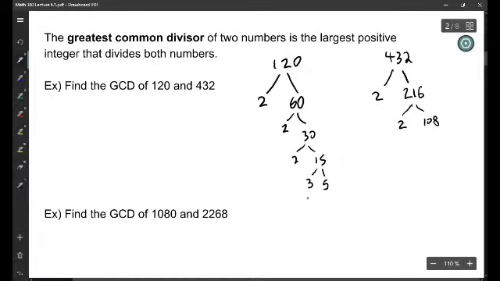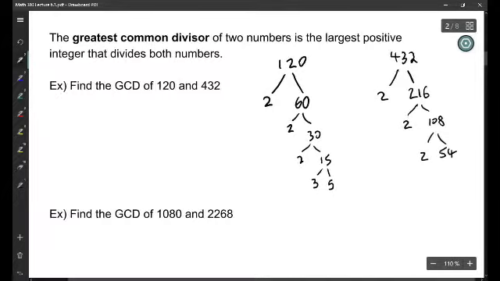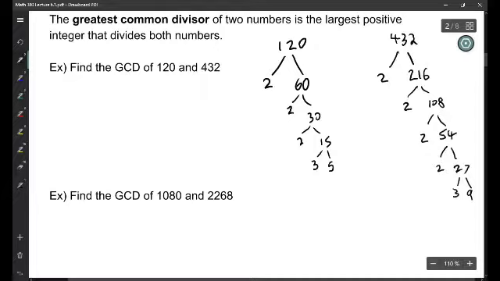Which is also even, we divide that by 2 and get 54. And we divide that by 2 and get 27. Which is 3 cubed, or 3 times 9. And 9 is 3 times 3.